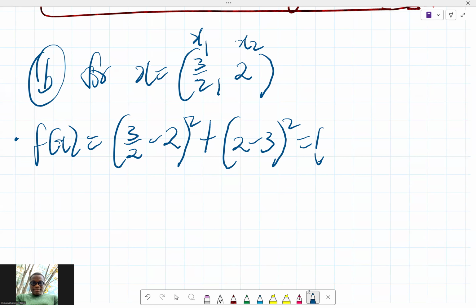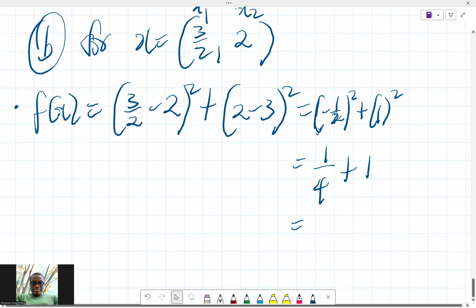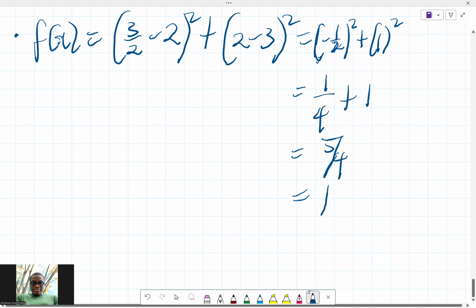So this is (minus 1 over 2) squared, plus (2 minus 3) squared, that's 1 squared again. So this is simply 1 over 4 plus 1. That is 5 over 4, which is the same thing as 1.25. So f of x is 1.25.